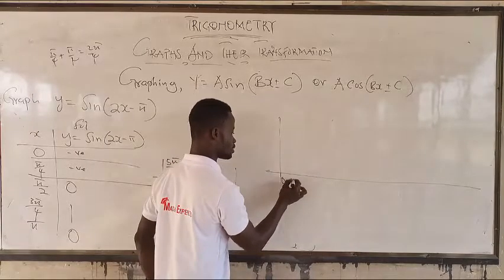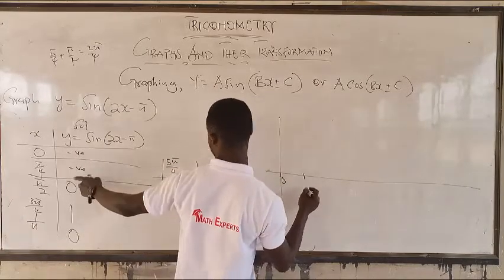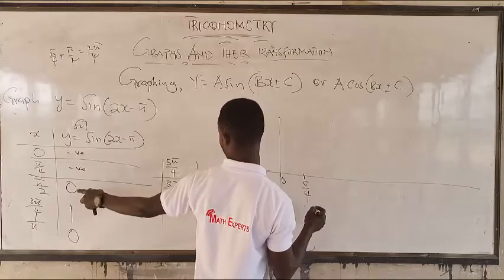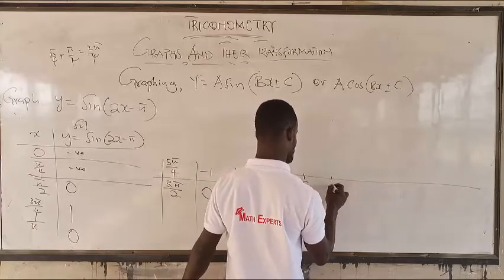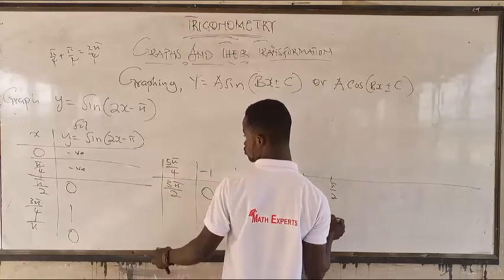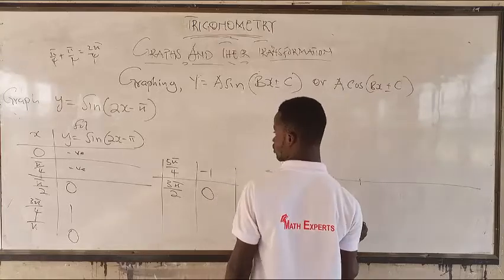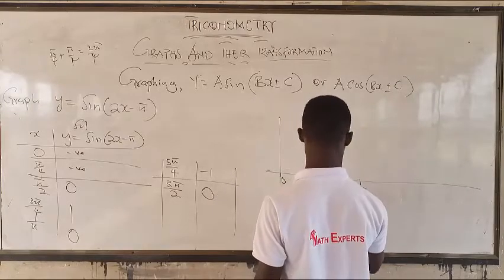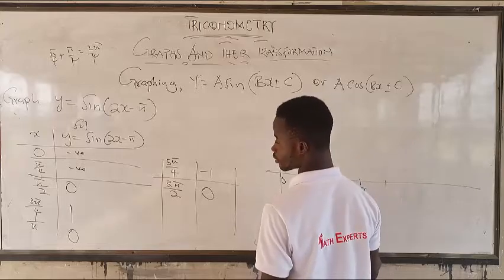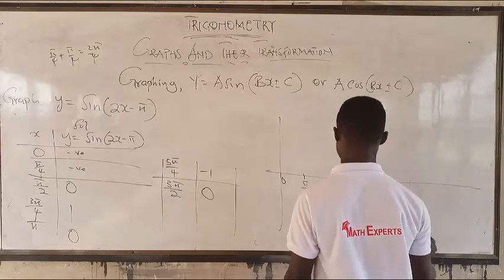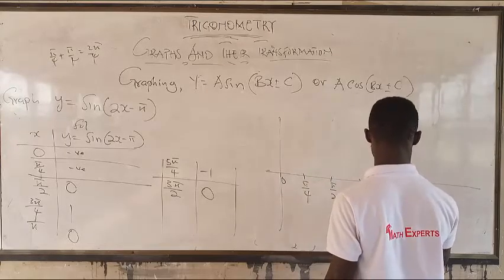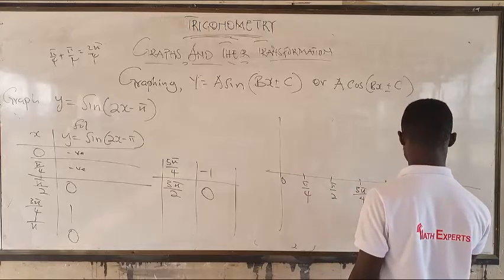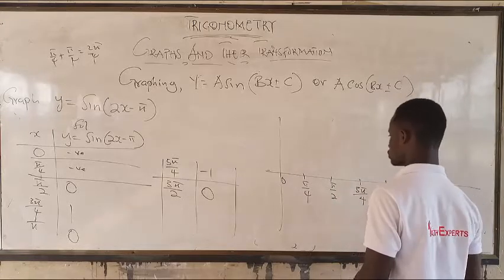So we have 0 here. We have pi on 4, and we have pi on 2. Then we have 3 pi over 4, then we have pi, then we have 5 pi over 4, then we have 3 pi over 2.